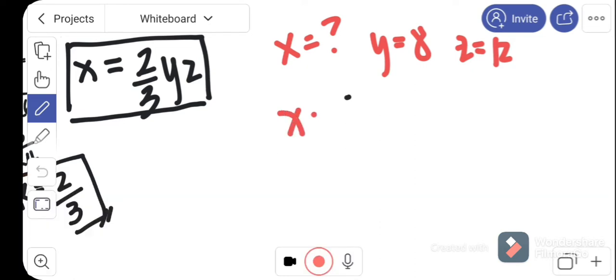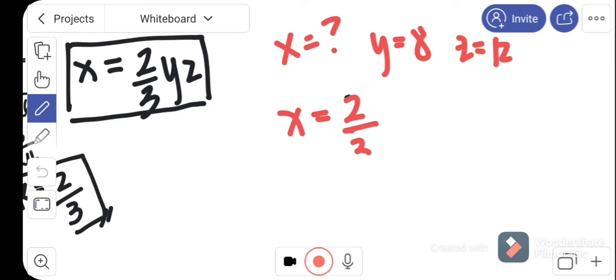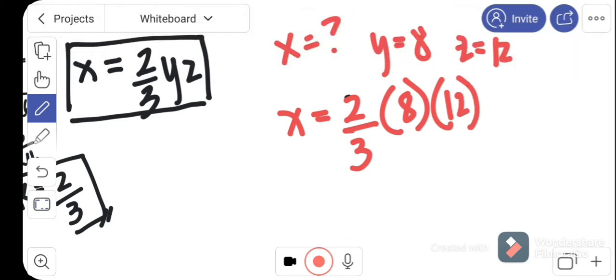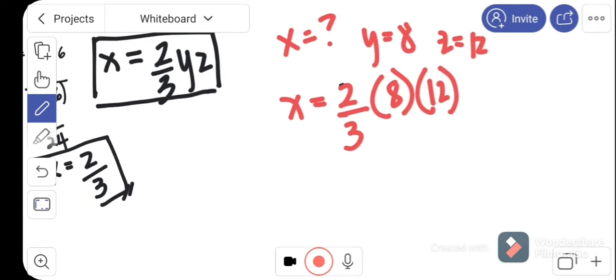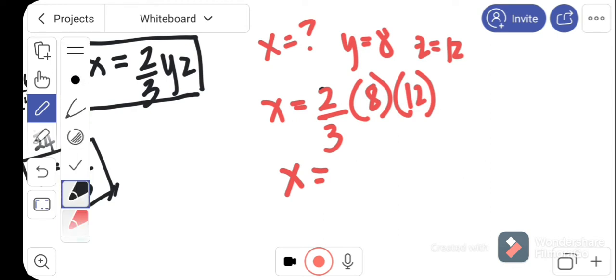Find the value of x is equal to 2/3 times the value of y, 8, and the value of z is equal to 12. Then we simplify. So 2/3 times 8 times 12. So that would be a big number. Instead of doing that, let's use cancellation. Which of these, 8 and 12, is divisible by 3?